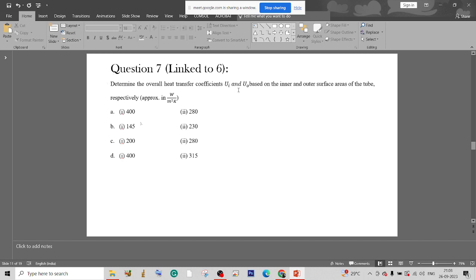Determine the overall heat transfer coefficients U_i and U_o based on the inner and outer surface of the tube. So what is the overall heat transfer coefficient for the inner and outer side? This is very easy, right?